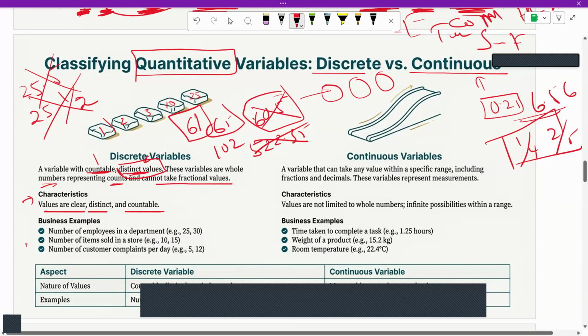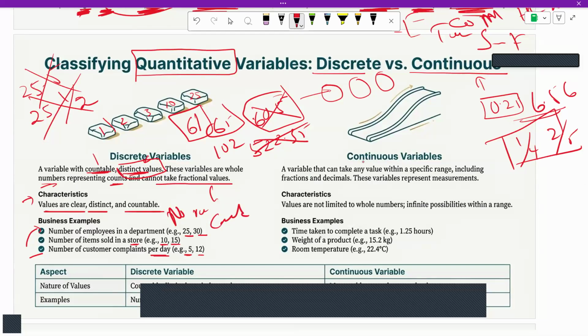Examples are number of employees in the department, 25 employees, 30 employees. Number of items sold in a store, 10 items, 15 items. And number of customer complaints per day, 5 complaints, 12 complaints.